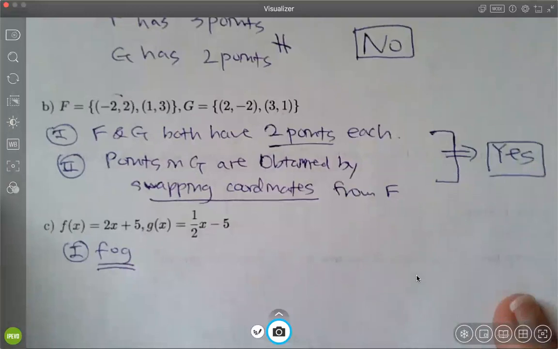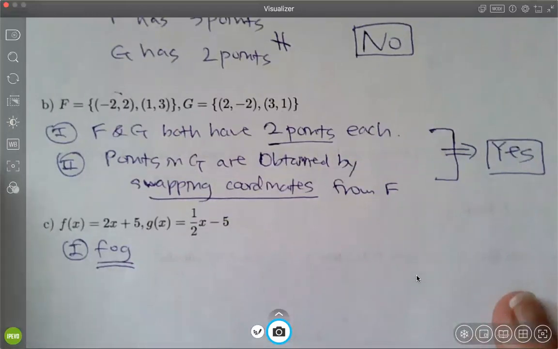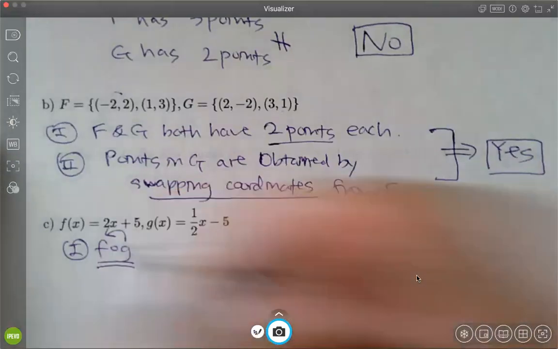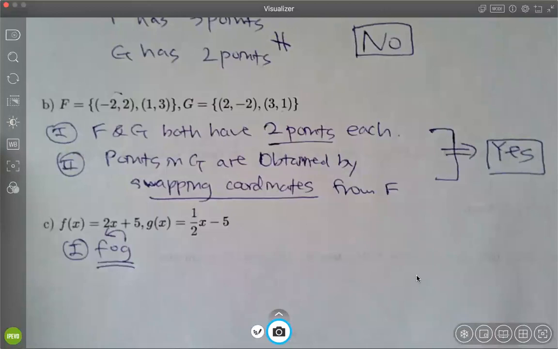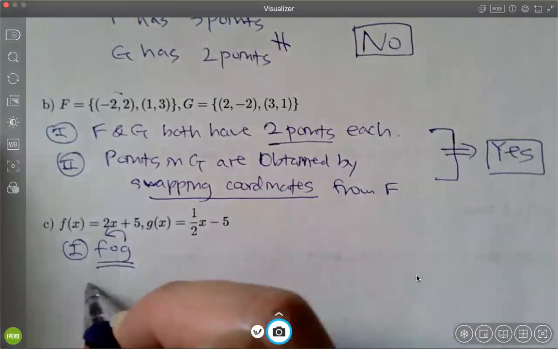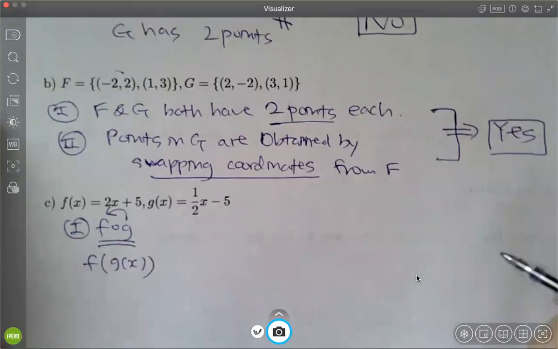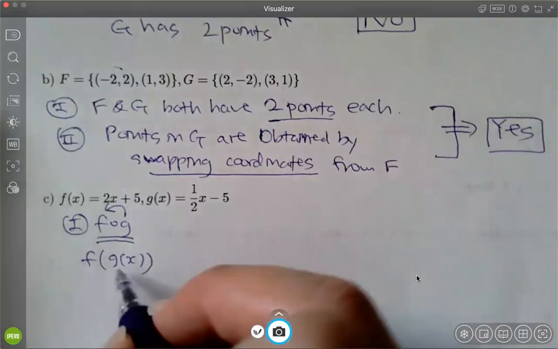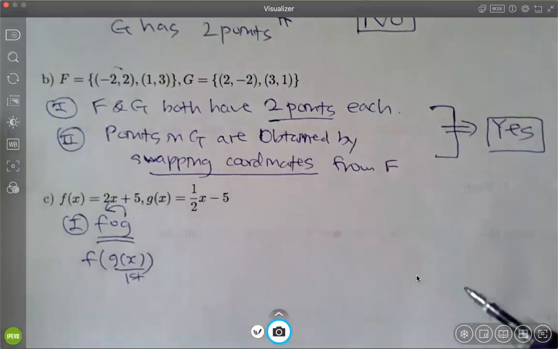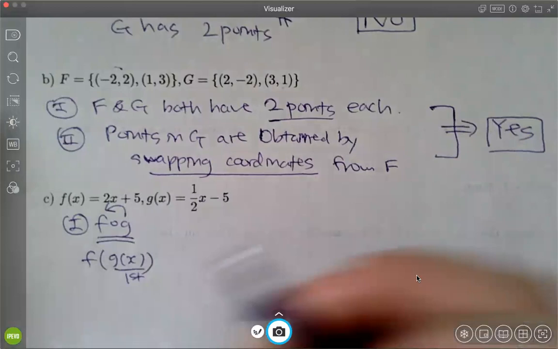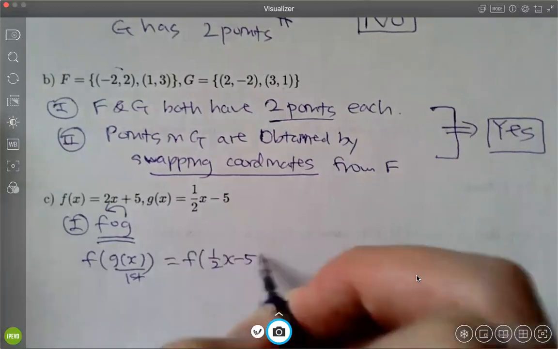Now we know what to do because we have done a million problems until now. So what do we do? Plug G into F, right? What is F of G of x? We take care of G first, so it's F of 1/2 x minus 5.